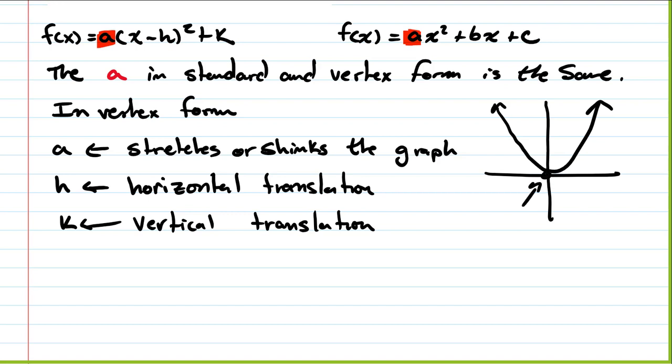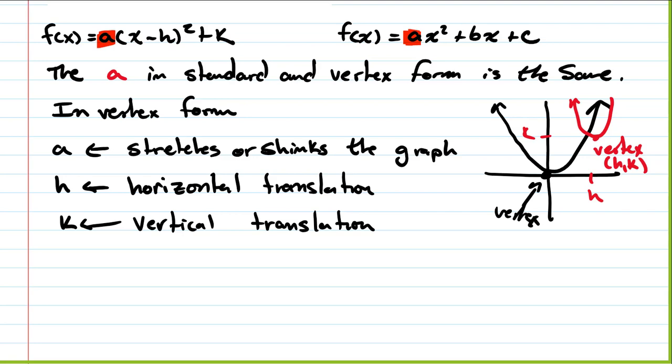That's where our vertex is, right? Well, if h and k are our shifts, in general form, it's going to shift it right or left h and then up or down k. We're going to get a new parabola with its vertex at h, comma, k.